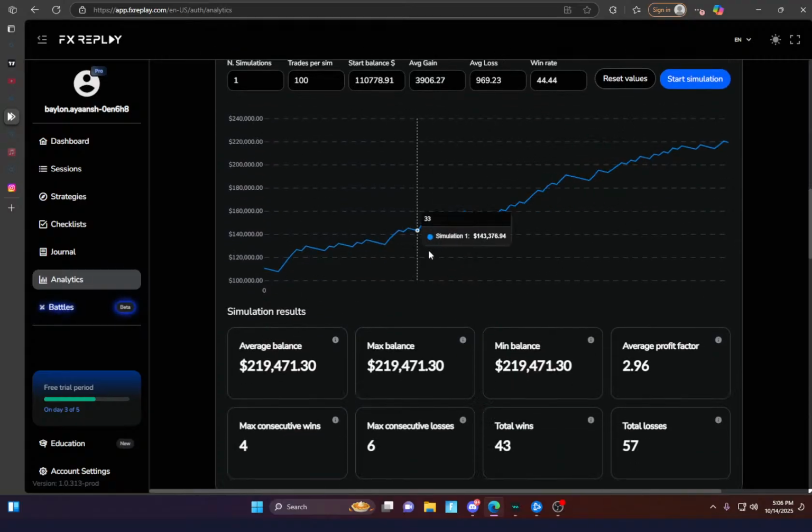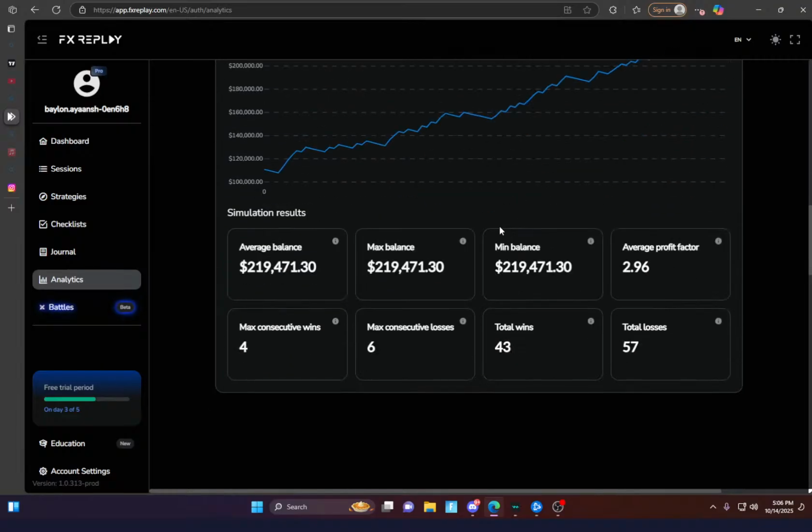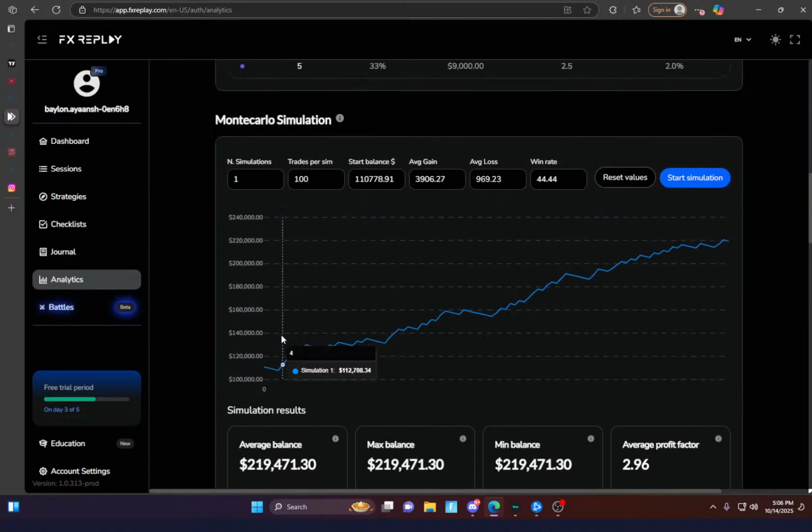This will make me $1,100 million. So average gain 3,000, average loss. So total wins 43. So dang, they're almost a 50-50. Nice equity curve.